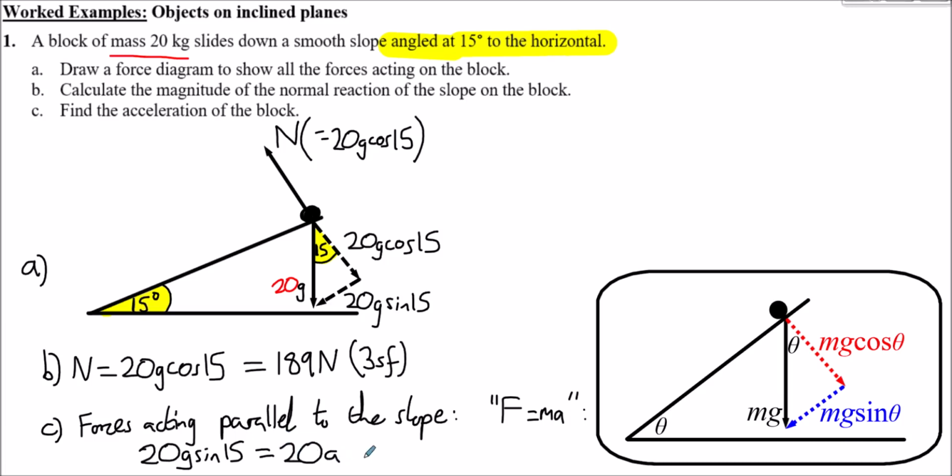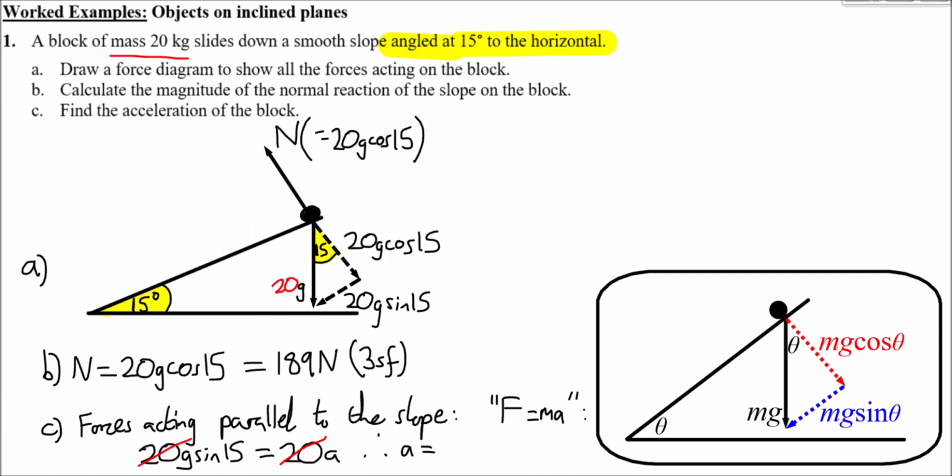Therefore, if we just rearrange this, A will be 20g sine 15 divided by 20, so essentially these 20s cancel. Just bear in mind, the 20s cancelled, which was the mass, so the acceleration is once again independent of the mass, just like we saw in free fall for year 12. The acceleration on a smooth surface is also independent of the mass too.